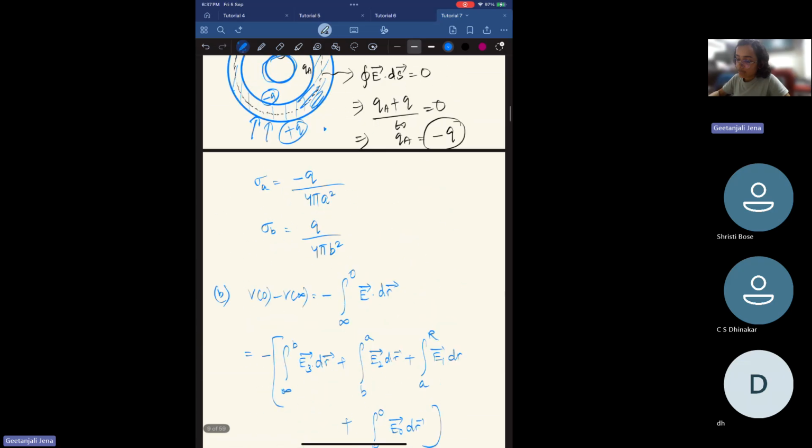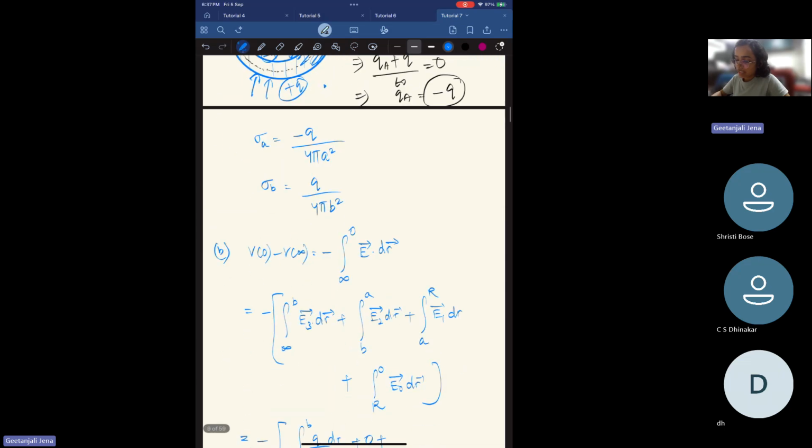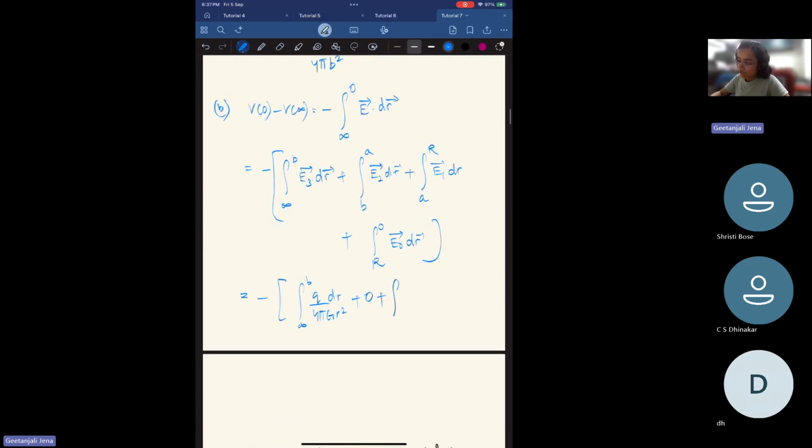And E1 is between the metal sphere and the spherical shell. So this will give Q by 4 pi epsilon naught r square dr. And inside the metal sphere, from R to 0, it's 0.